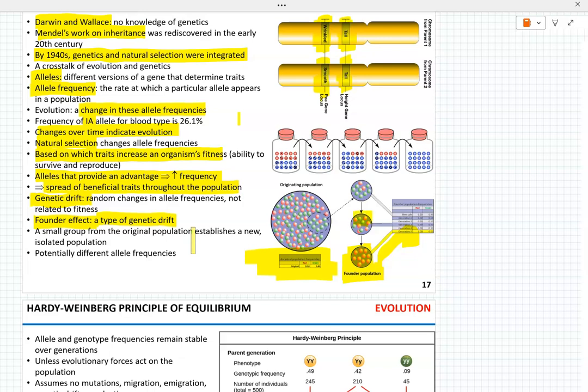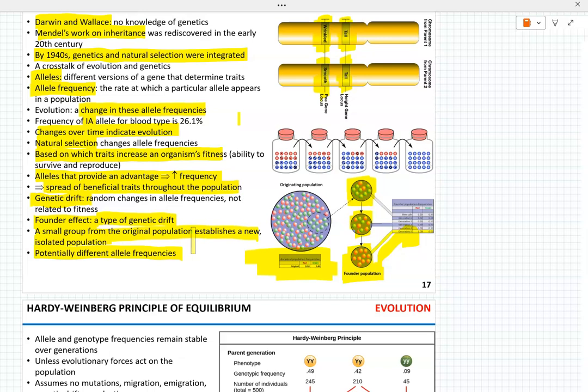Eventually you see red took over for some reason. So when this small group of the original population starts a new one, and you can see all three of them have different frequencies, we just randomly pick populations that contain a certain percentage of a certain allele, that results in populations with different allele frequencies.